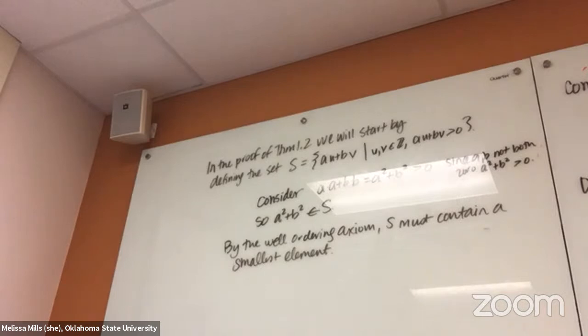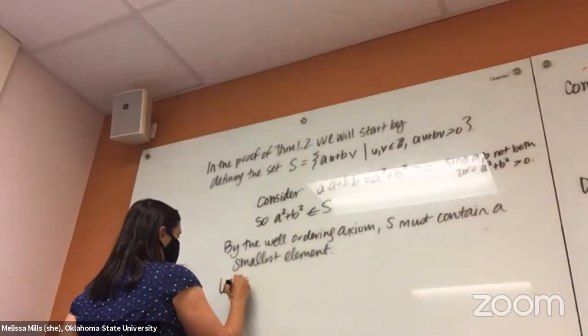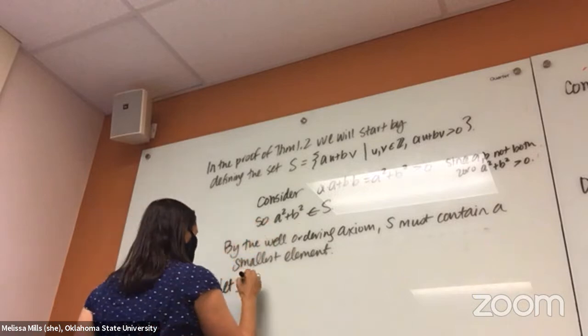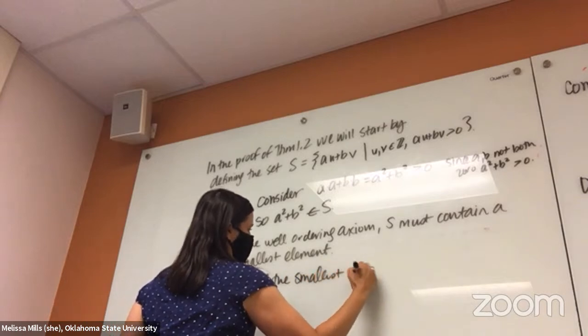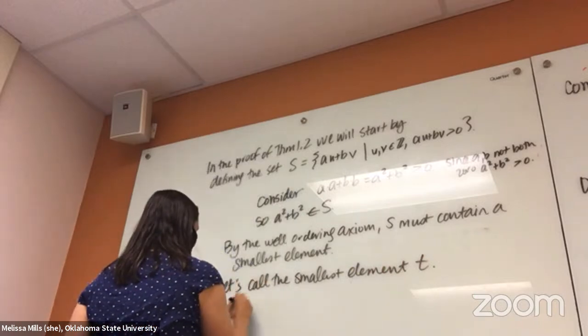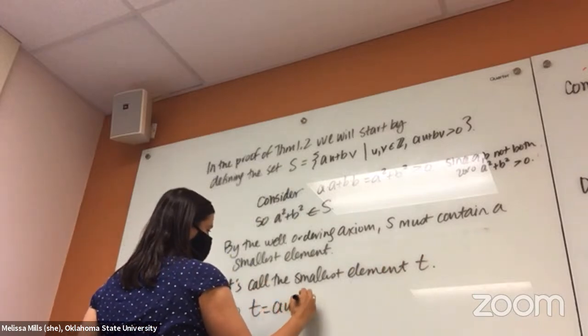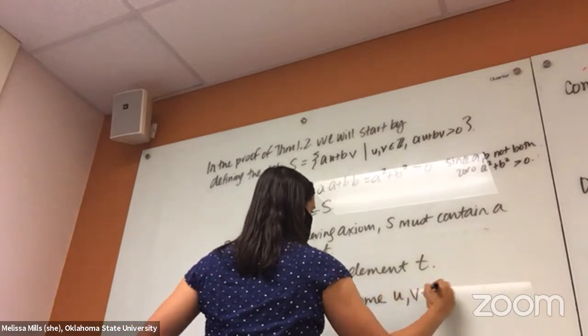I'll just use what they were doing in the book, T, so we can be consistent with the book. It's going to be the divisor D. So let's call it T. So T equals AU plus BV for some integers U, V.